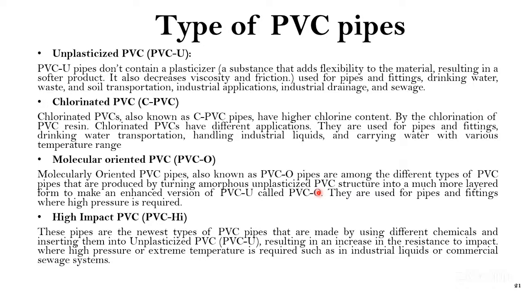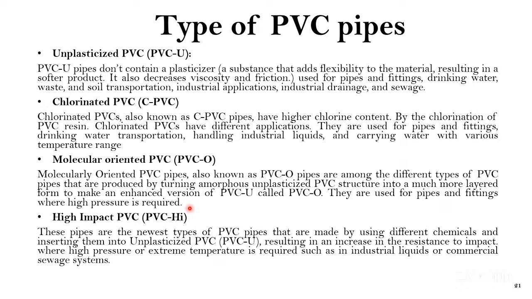The amorphous PVC, we try to increase the crystallinity in it, and that we call molecular oriented PVC. And these are used for pipes and fittings where high pressure is required.